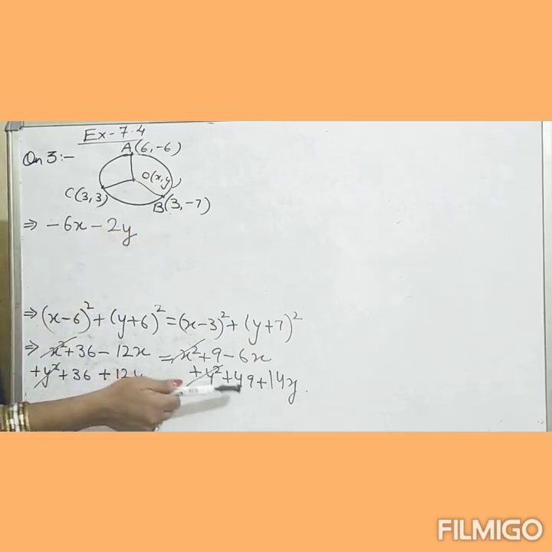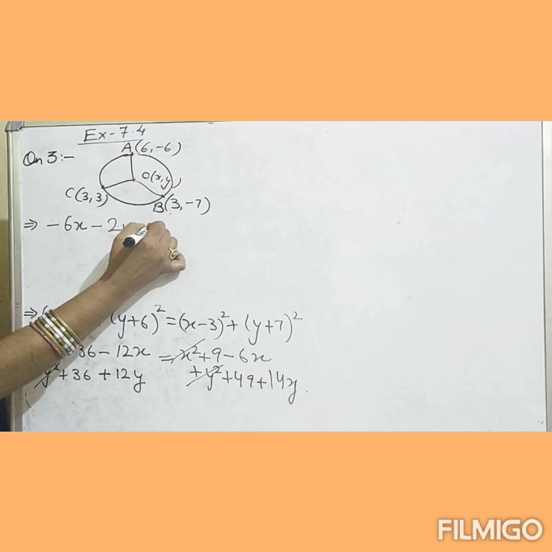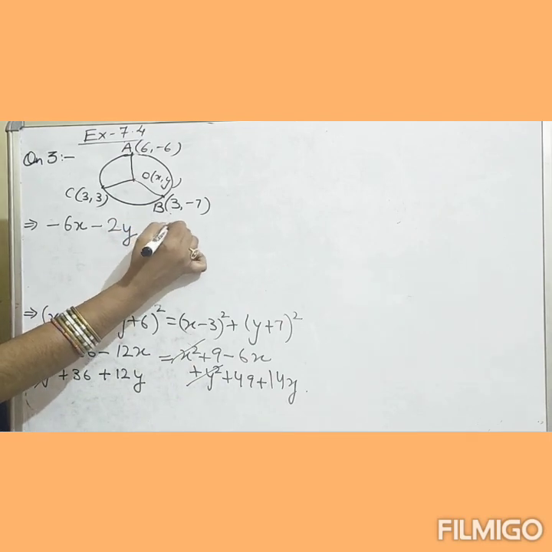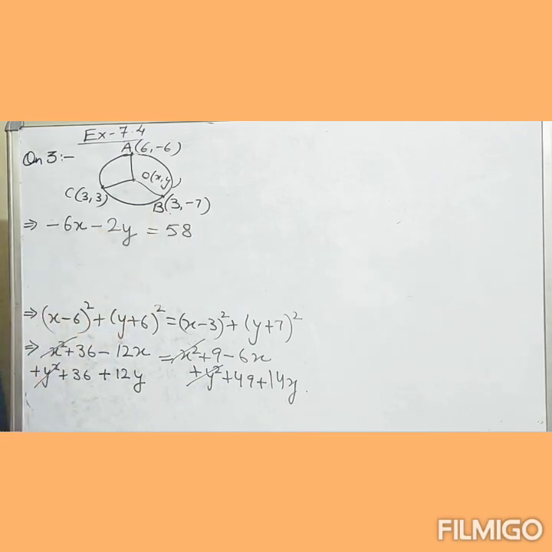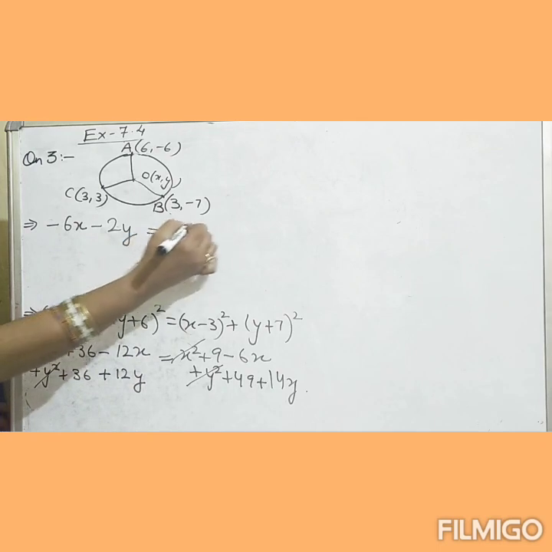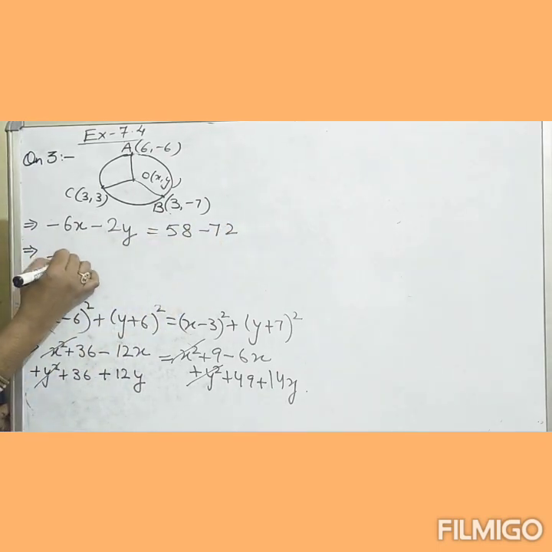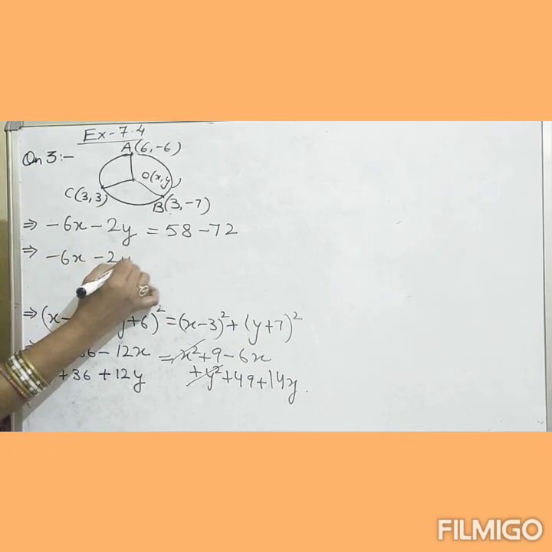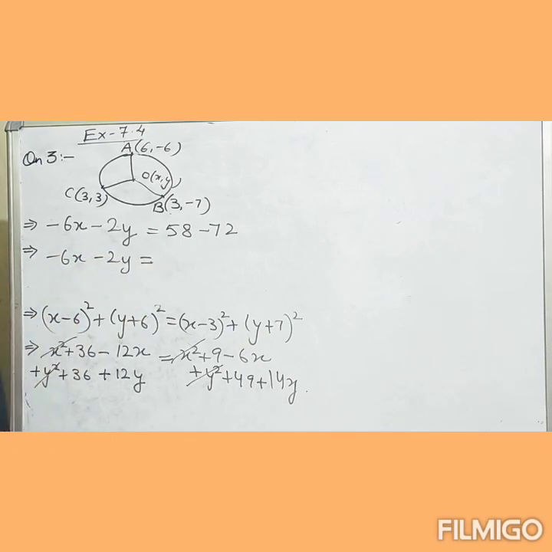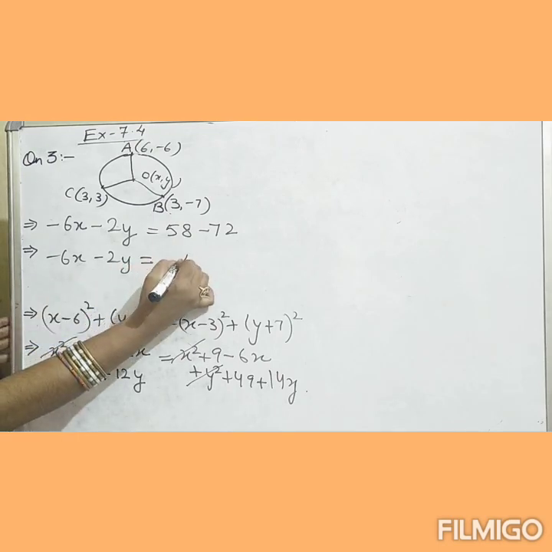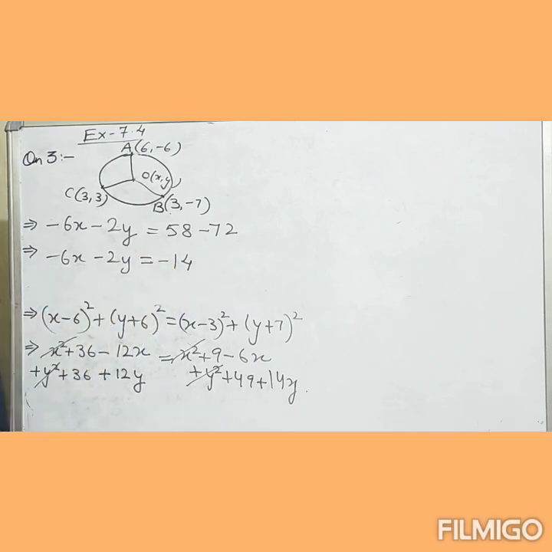Now here 49 plus 9 is 58, and 36 plus 36 is 72, and if I take that on the right hand side, it will be minus 72. Now minus 6x minus 2y equal to, subtract 58 from 72, what I get is 14, and it should be of minus sign.